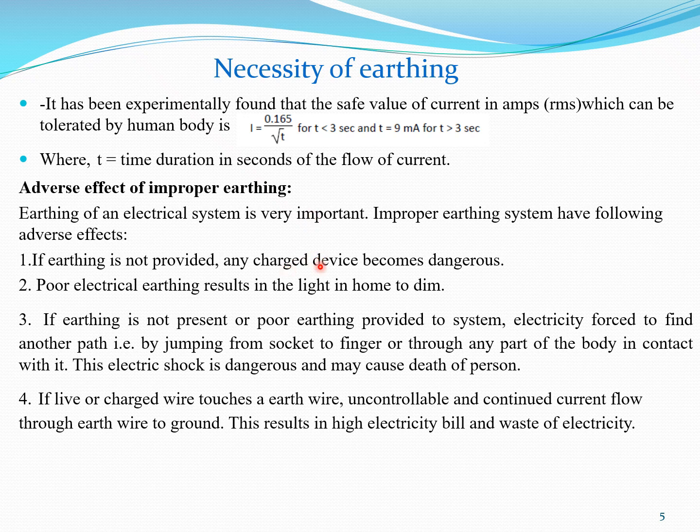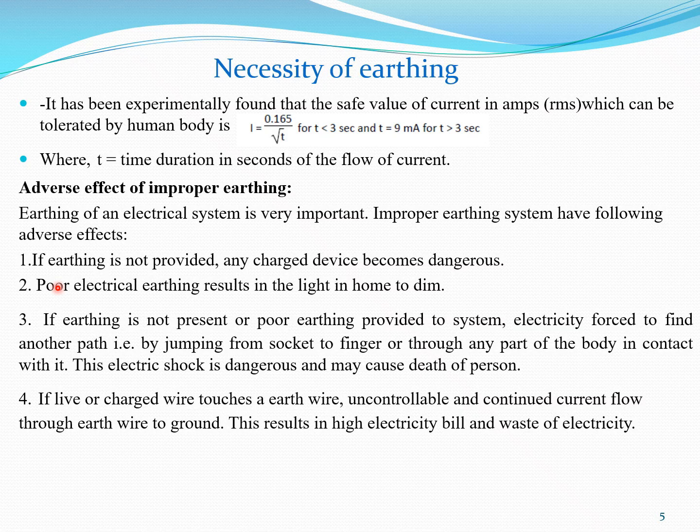Then a poor electrical earthing system results in the lights in the home dimming. You might have observed in your home that in some cases the lamps glow dim because of improper earthing.